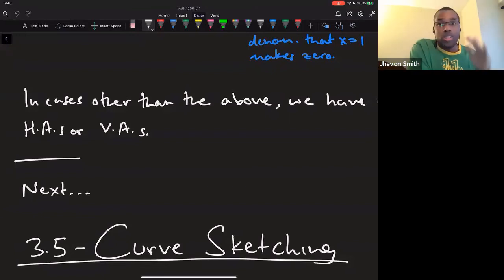Second of all, we're literally going to sketch curves. And I know that in real life, no one's ever going to do that. You're just going to have a computer sketch curves for you. But the point of doing curve sketching is to test your knowledge of derivatives and what they mean for functions, and whether you understand the implications of the things that we've been learning.